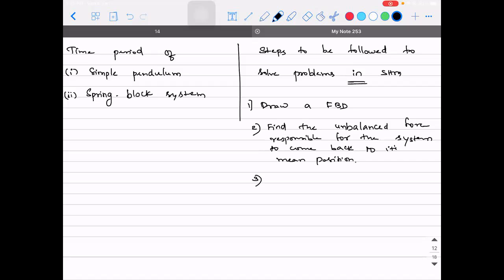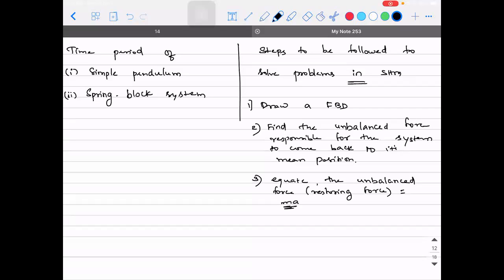Third, equate the unbalanced force. The unbalanced force that I'm talking about here is nothing but the restoring force. Unbalanced force can also be called restoring force. Equate the restoring force to m into a.